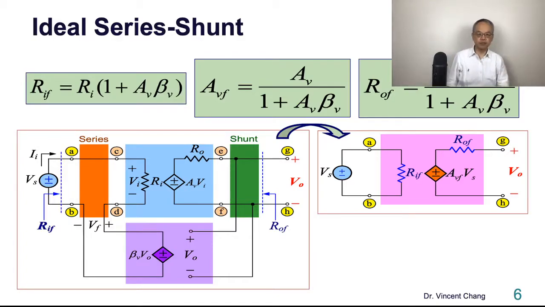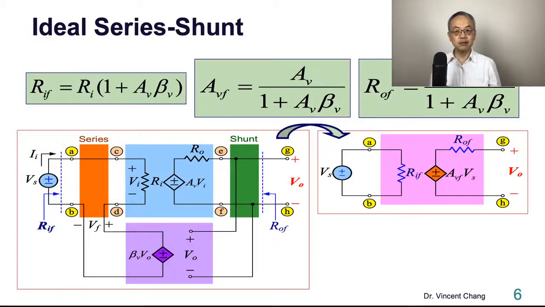Tell me this. For a good voltage amplifier, the input resistance should be the higher, the better, right? And what about the output resistance? Should be the lower, the better.